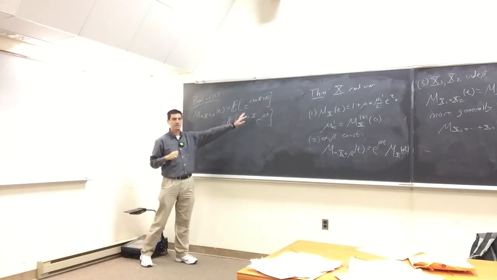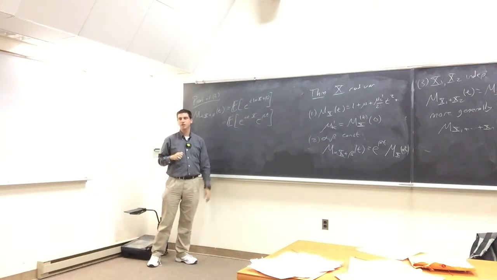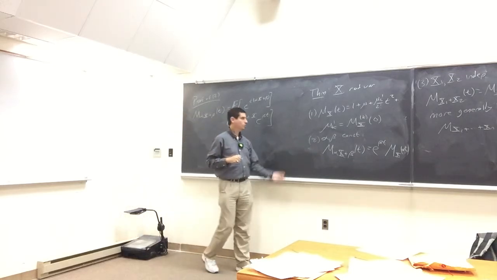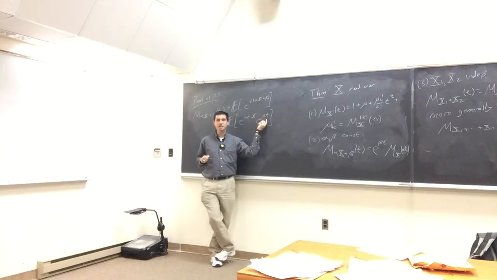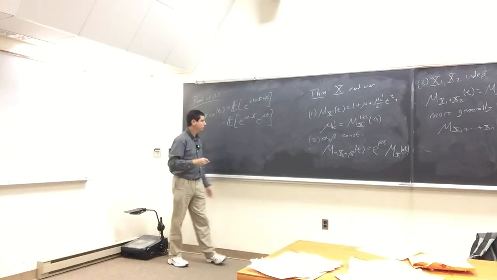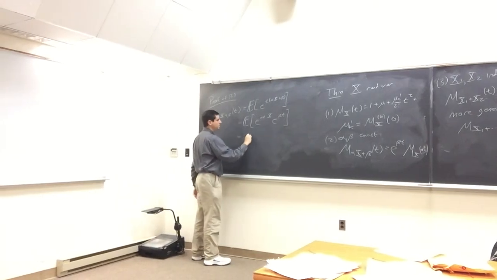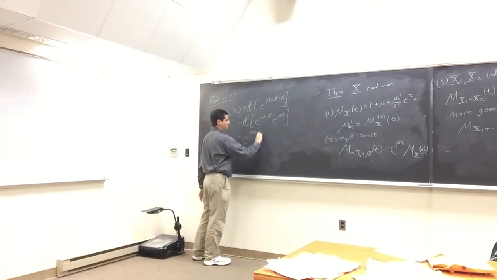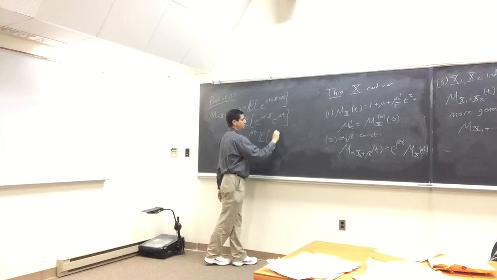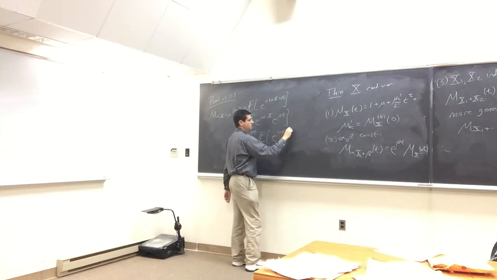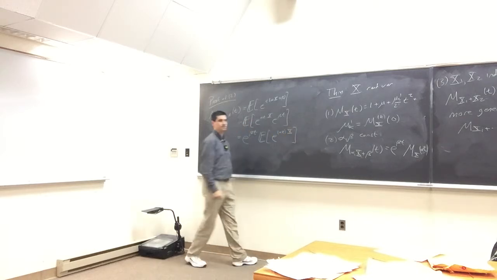And I'm taking the expectation with respect to x, integrating this times the density. What can you tell me about this number e to the beta t? It doesn't depend on x, so I can just pull it out. It's e to the beta t, and I have the expected value of e to the alpha t x.